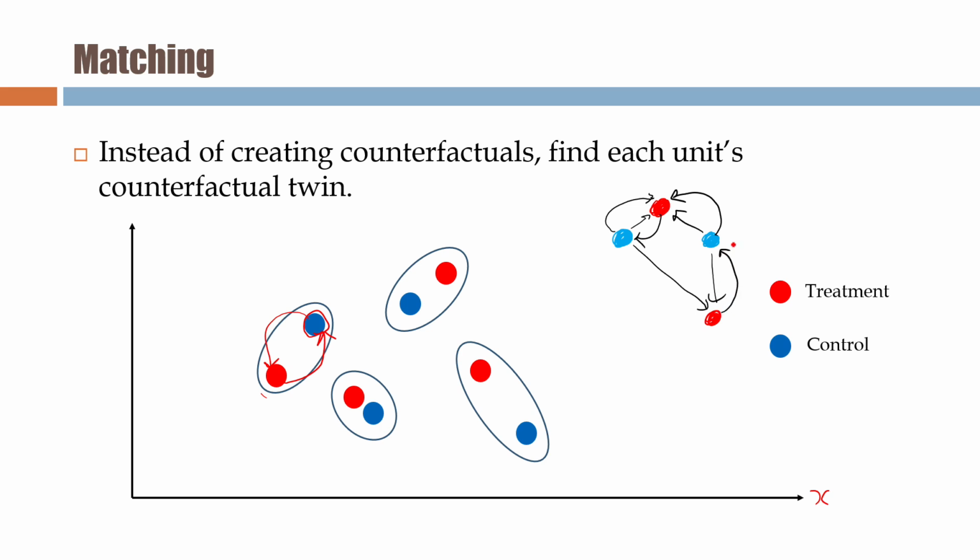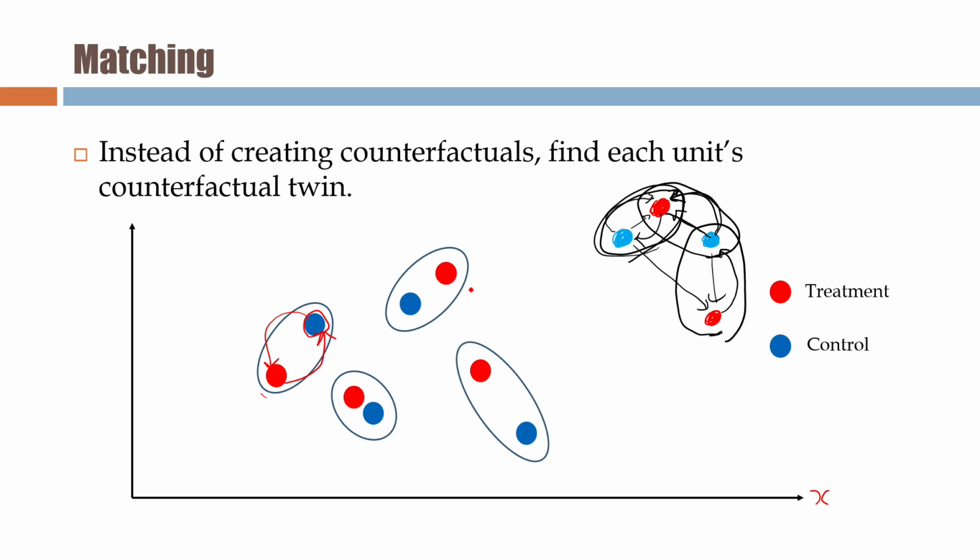So it's not perfect matching. This one has a match with this, and this one also matches with this, but this one only matches with this. Even though this blue one uses this as a counterfactual, actually this red one uses it too. So it will not clearly be a matched group.